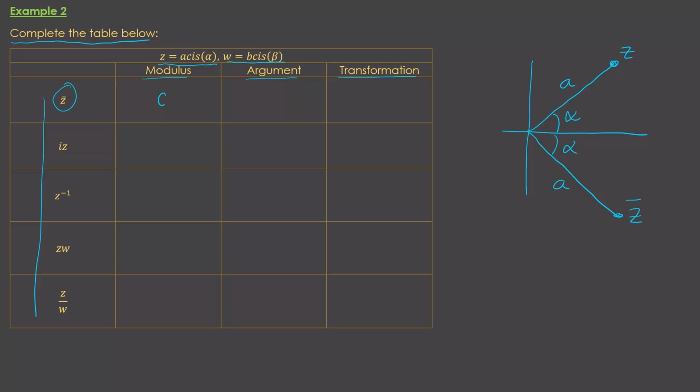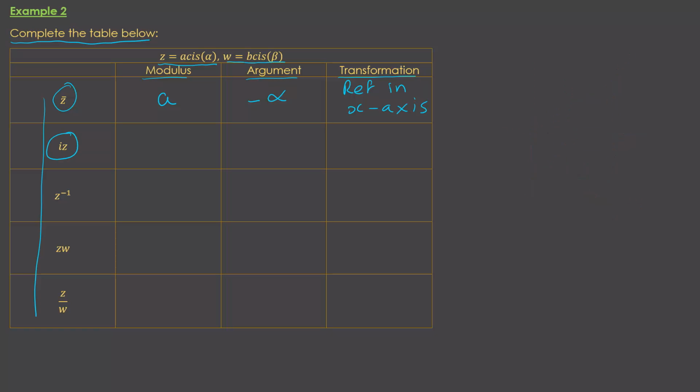So the modulus is still going to be A. The argument, though, will be negative alpha. Remember, if this one's a positive rotation, this one will be negative, and vice versa. The transformation there is a reflection in the x-axis.